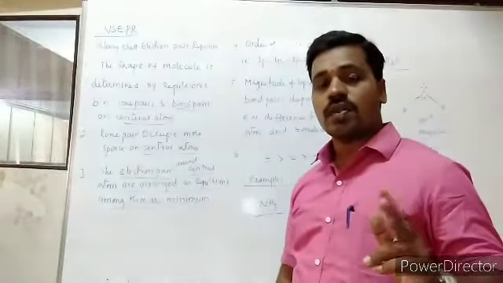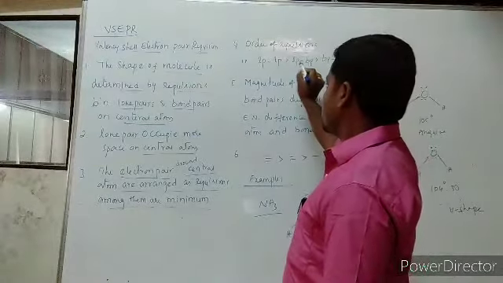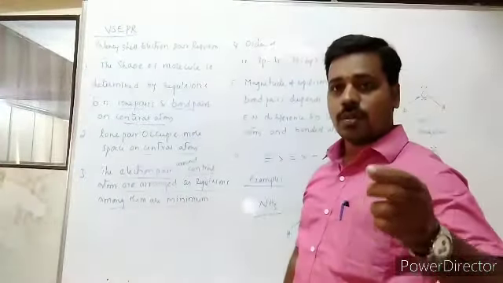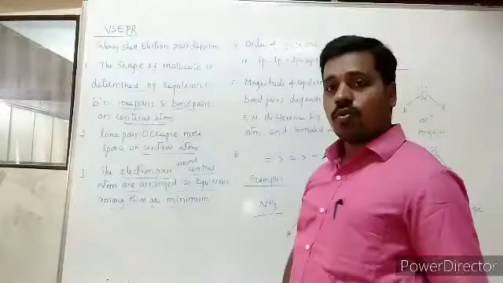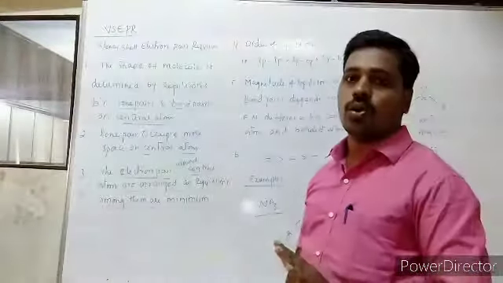If the central atom contains both lone pairs and bond pairs, the repulsion will be somewhat less. If the central atom contains only bond pairs, the repulsion will be very low.